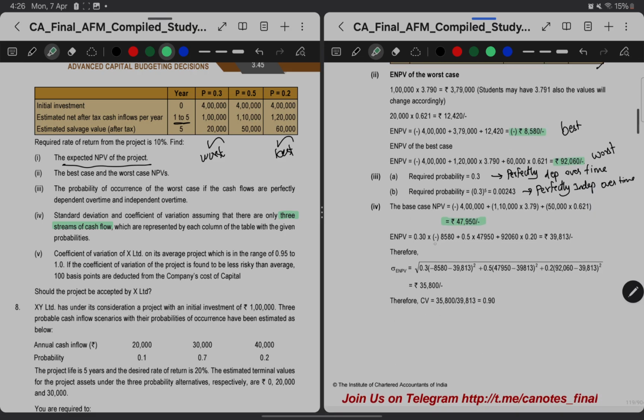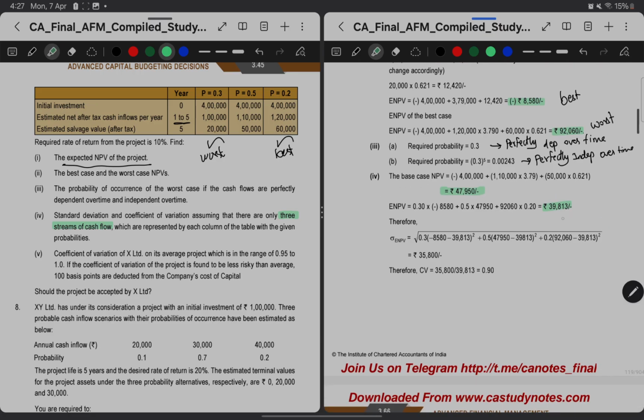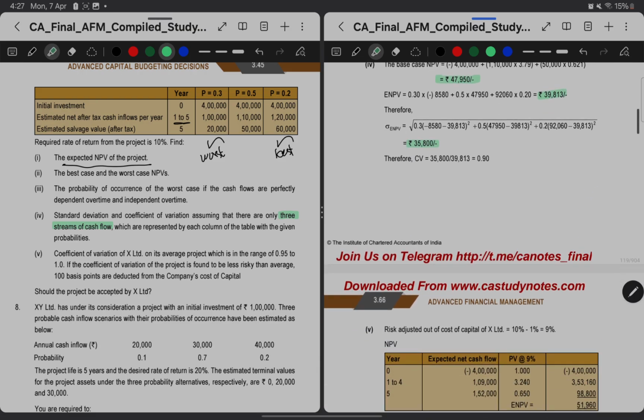Then multiplying the NPVs with the probabilities, we get the expected NPV. Using that, we find the standard deviation and coefficient of variation. We got a standard deviation of 35,800, which if we divide by the expected NPV, we'll get 0.9 as the coefficient of variation.